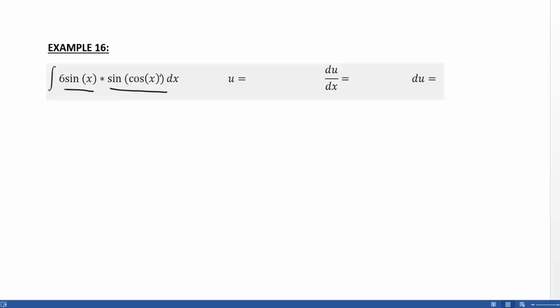If you think back to the other problems we did, our u was always the inside function that was plugged into the trig function. So here, that means my u is going to be cosine of x. The derivative of cosine is negative sine, so du is negative sine x dx.